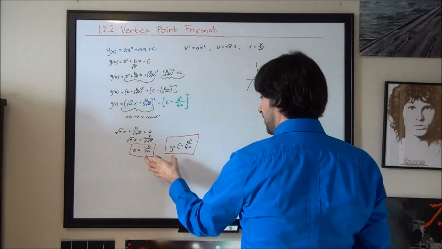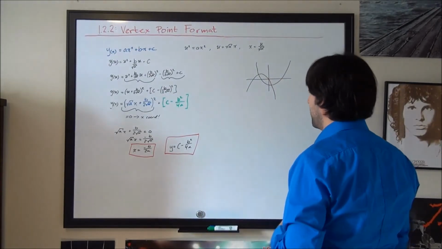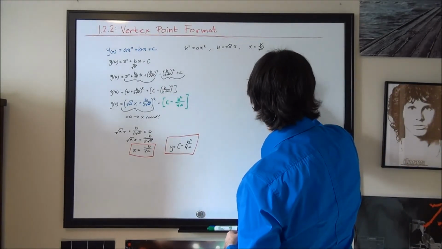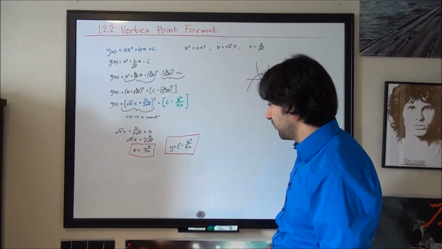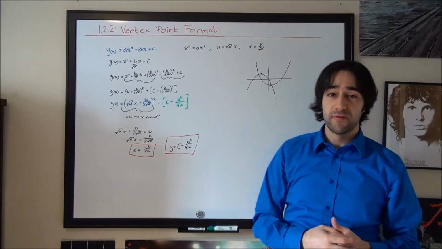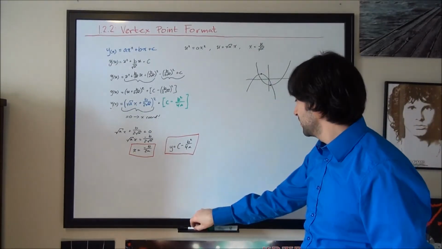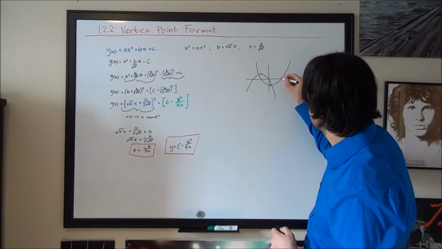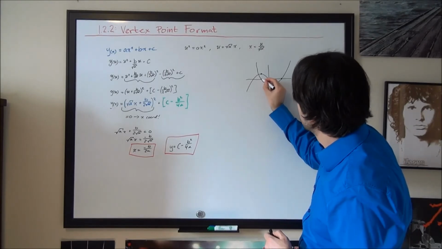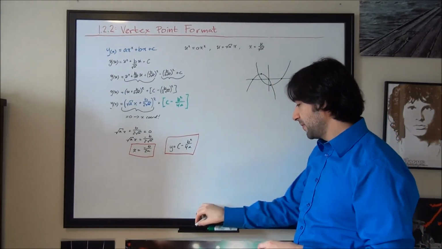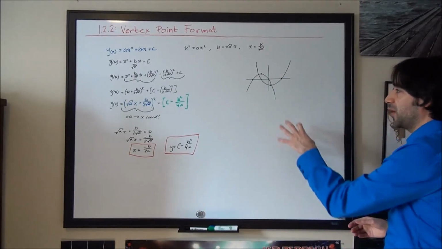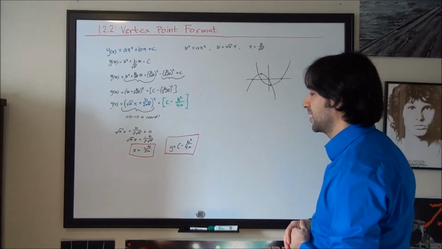Based on this, we can find the vertex of our parabola. And based on strategies that we went over in previous tutorials about finding roots, we could find the x-intercepts of our parabolas. So really we're equipped now to extract an awful lot of information about the parabola using very simple techniques.